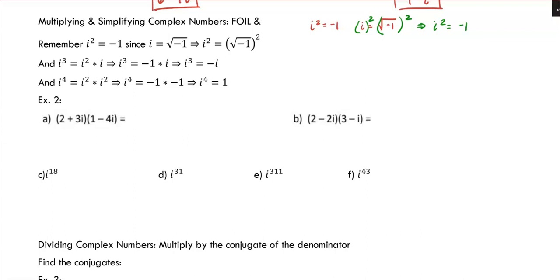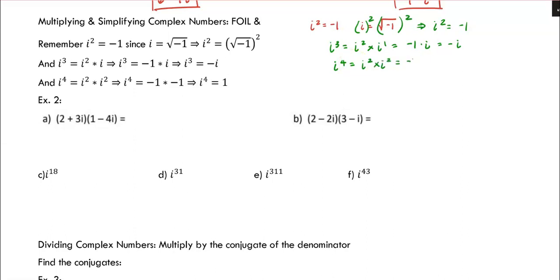Okay, and then i cubed is made up of i to the second times i to the 1. So that's going to be negative 1 times i, which is negative i. And then i to the 4th is i to the 2nd times i to the 2nd.